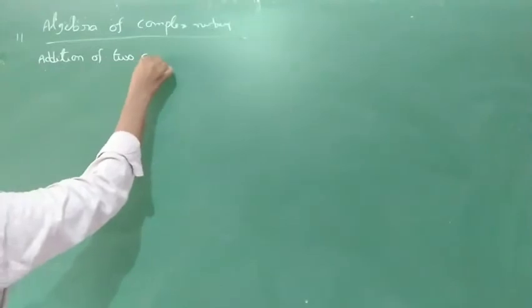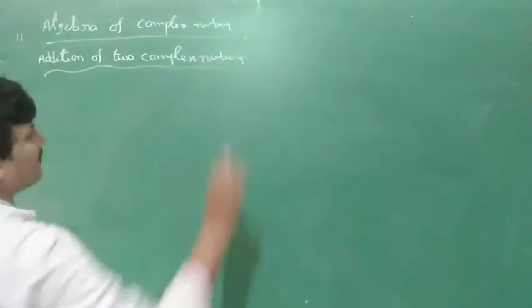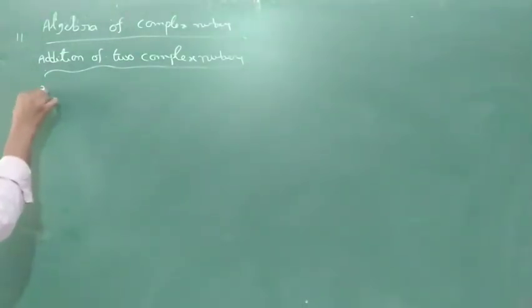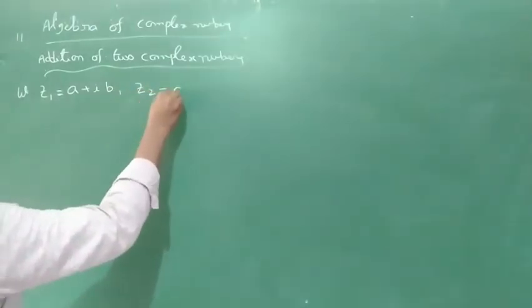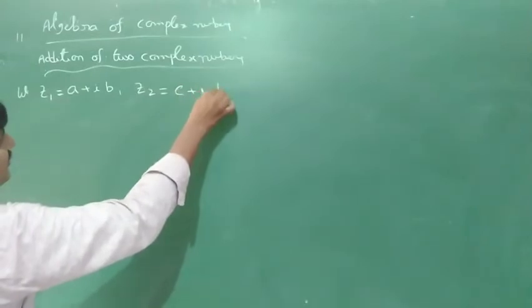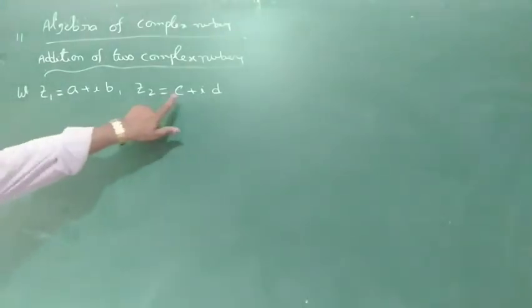For example, let Z1 is equal to a plus ib, and Z2 is equal to c plus id.